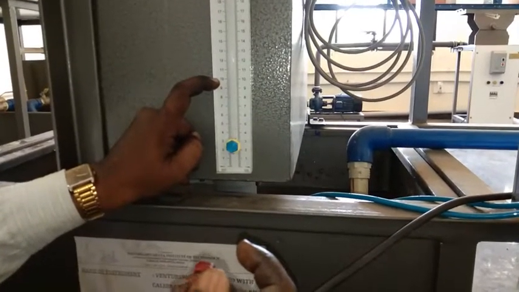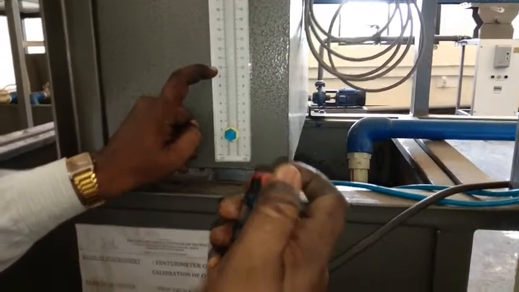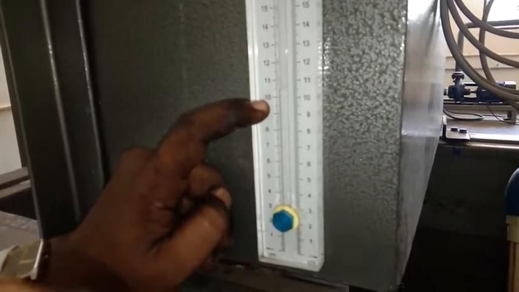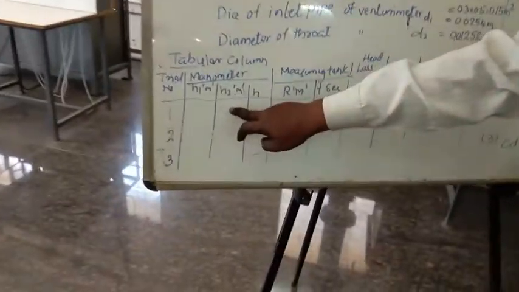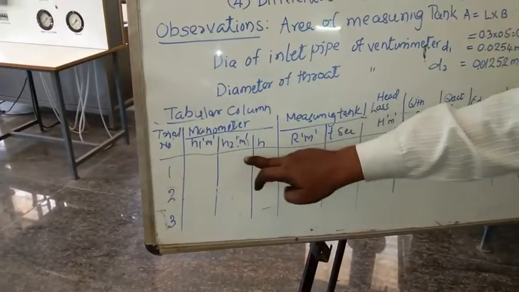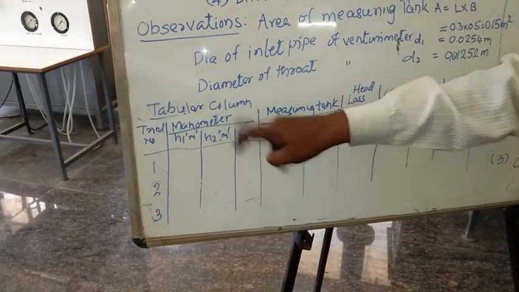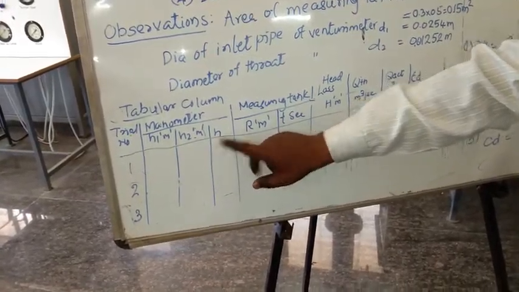Okay, now it is 10 centimeter, and the time required I have taken. Then we will calculate the discharge, the actual discharge, from the manometer readings H1 and H2. The difference between these two limbs is the difference in head of mercury.